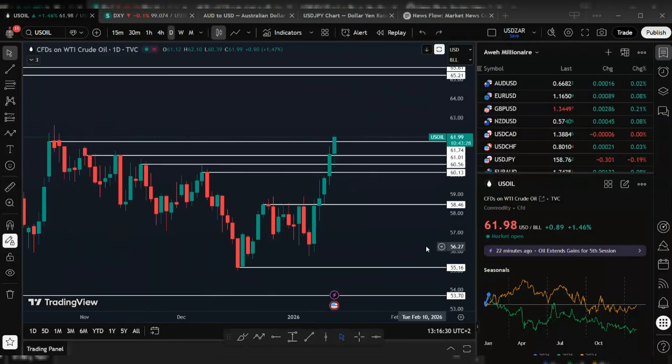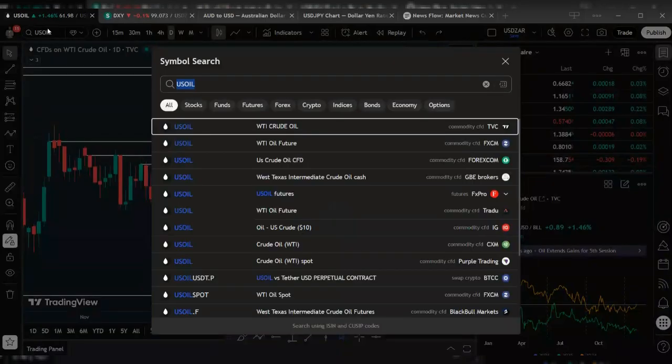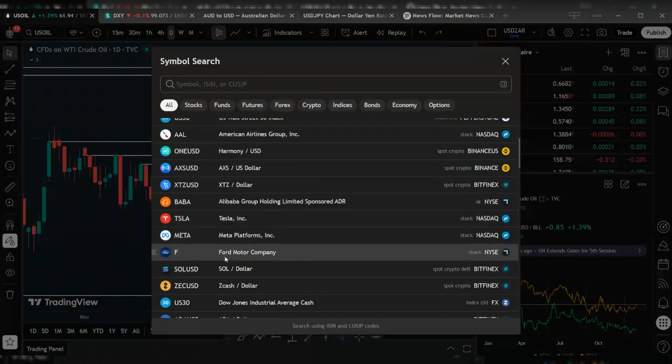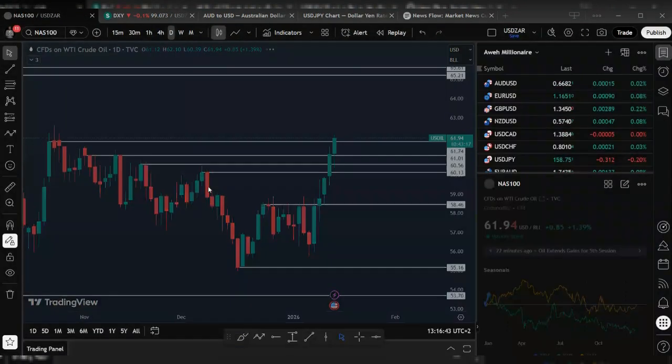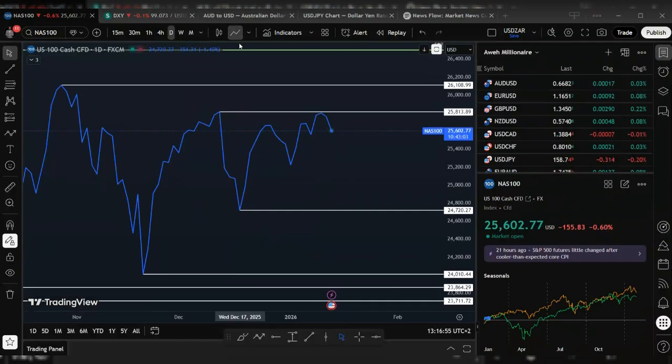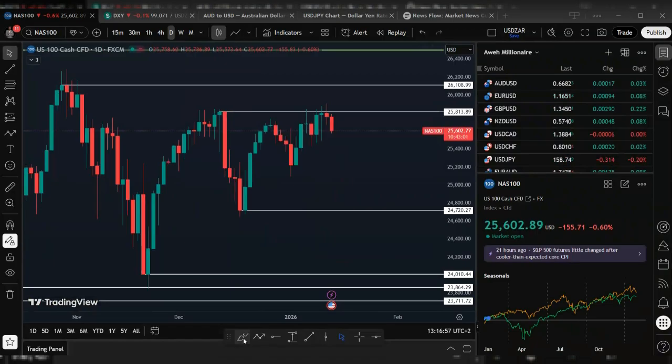Next, we'll look at the NASDAQ, NAS 100, which is our index. Okay, so NASDAQ 100, we can see here that price is still eyeing our major resistance level over here, which is at the 25,813 level, but we can see price is rejecting this level.